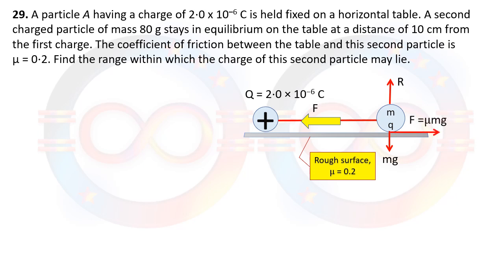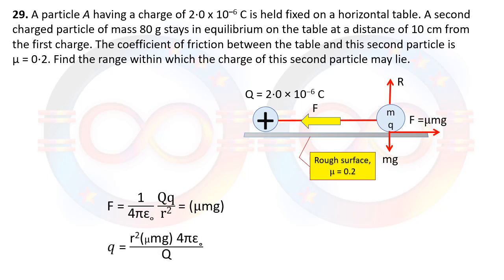mg is the weight of the particle, and the friction which is going to be developed is mu into normal reaction, and that is mu into R, and R is equal to mg, so mu mg. Now this mu mg, which is the friction force, is going to balance the force between these two charged particles, maybe attracting, maybe repulsive.